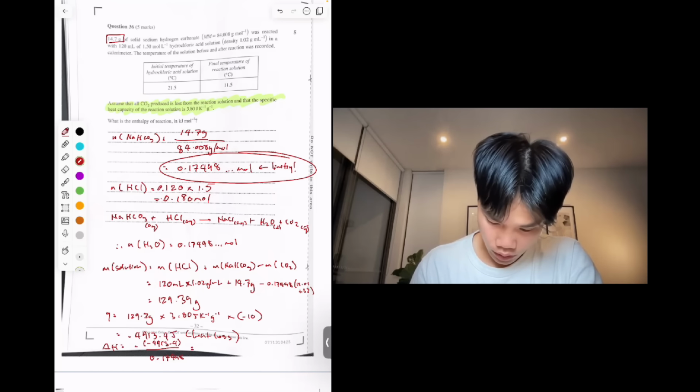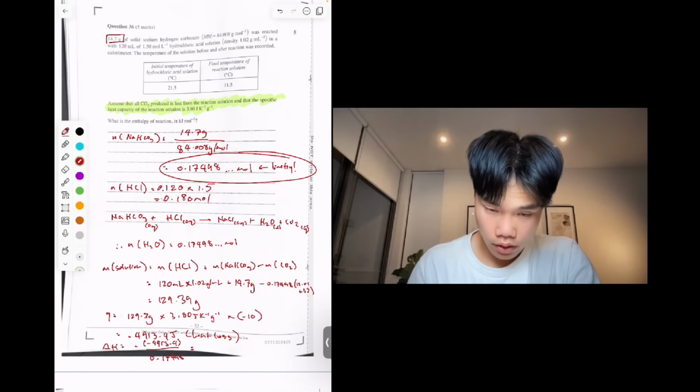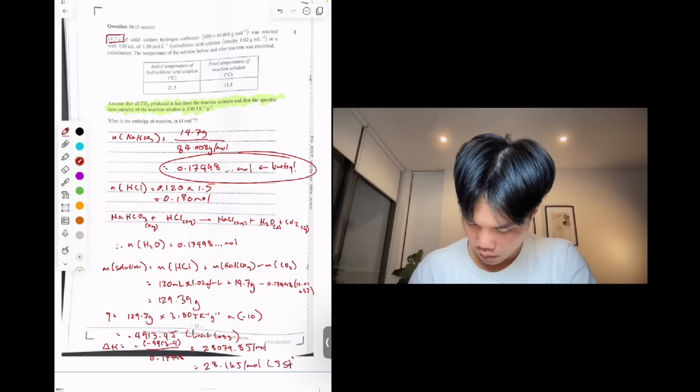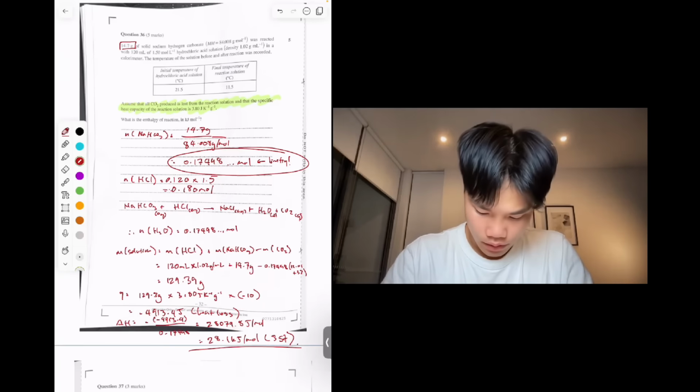This answer is now in joules per mole. And to change it into kilojoules per mole, we need to divide by 1,000. So I'll put it in 28,079.8 joules per mole, which is equal to 28.1 kilojoules per mole, to three significant figures. Okay, and that's 36.